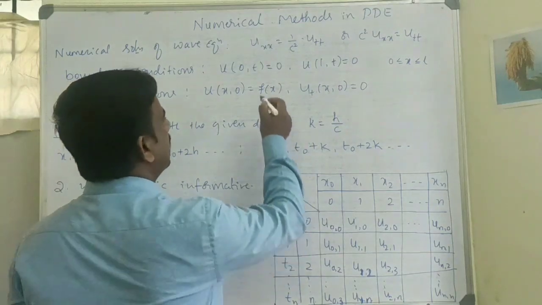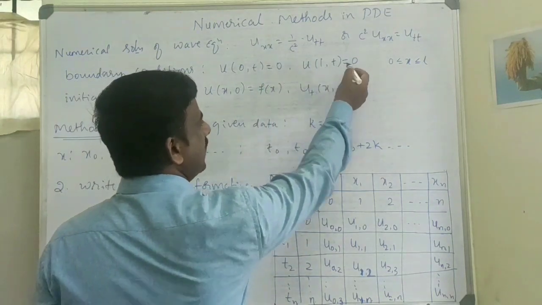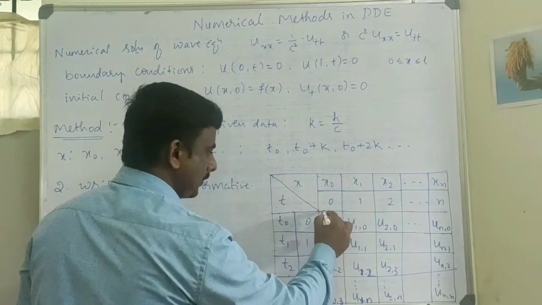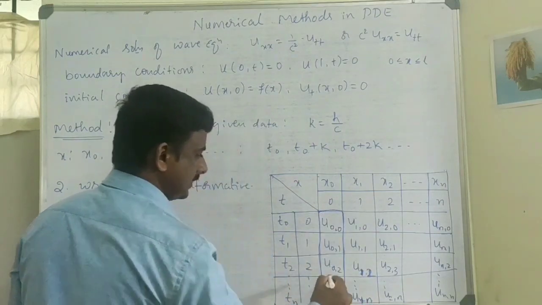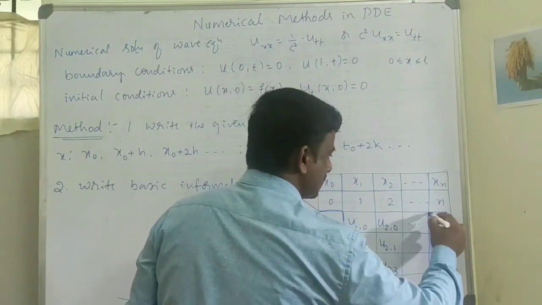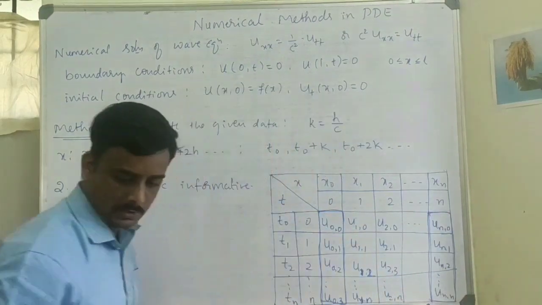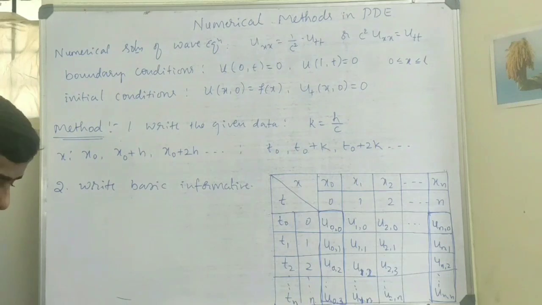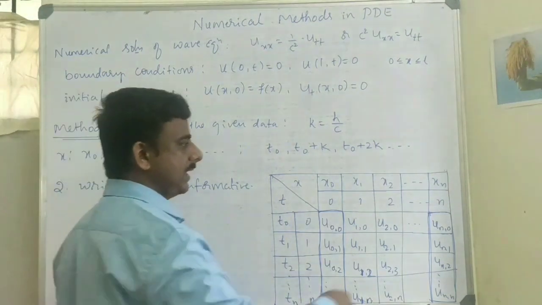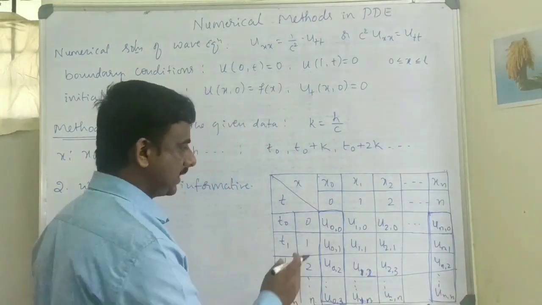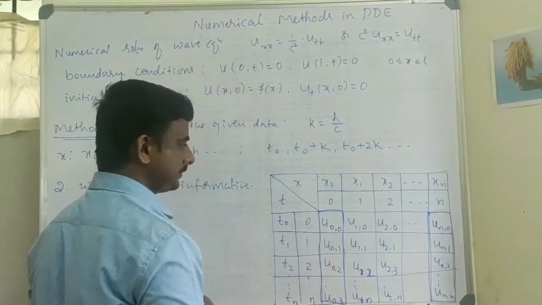Now from the given data, since u of 0, t equal to 0 and u of l, t equal to 0, from the given data usually this will be 0. This and this column will be 0. First and last column will be 0. Usually. That is not true always. Sometimes this may have different values. So generally these two columns will be 0.